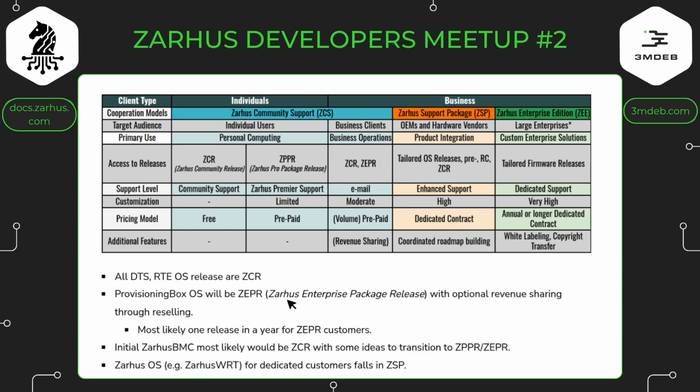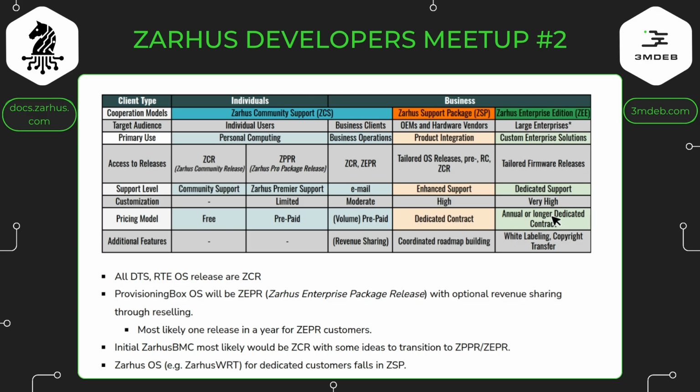And potentially also, if some of our partners would like to resell it, that's fine. We will allow that. We will have some agreements regarding that. Most likely this will handle one release per year. There can be a discount if someone takes volume, and of course optional revenue sharing.